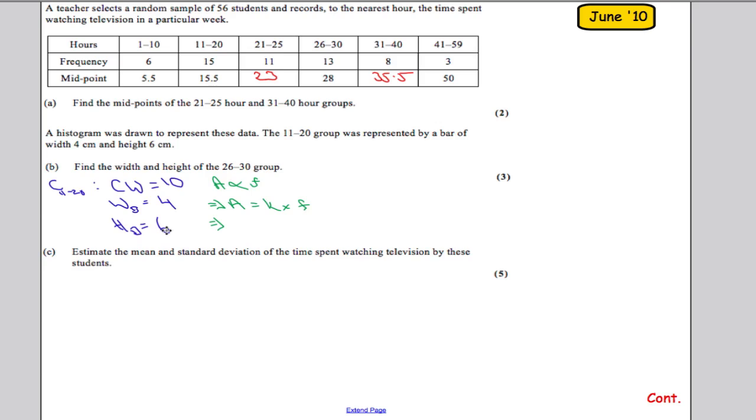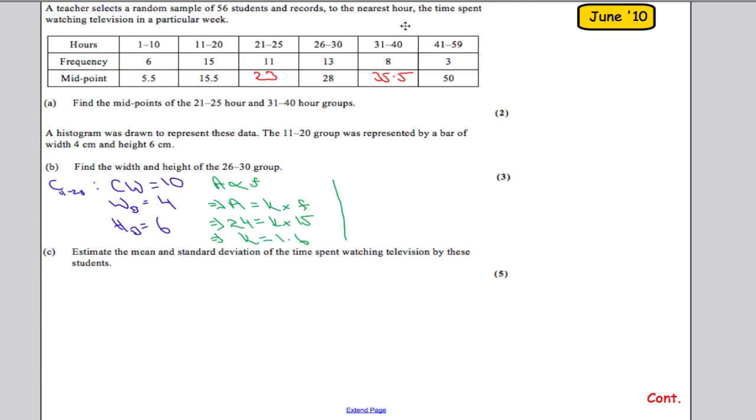The area in this case is the width of the bar multiplied by the height, so 4 times 6 is 24, which will equal k multiplied by its frequency. The frequency for that group is 15. Dividing both sides by 15 to get k, 24 divided by 15 gives us 1.6. So k is 1.6. Now that's important.